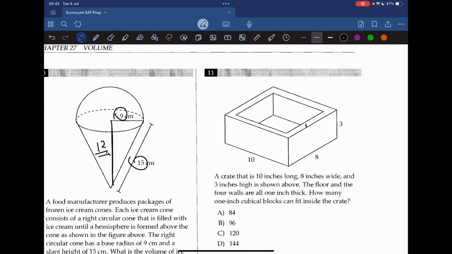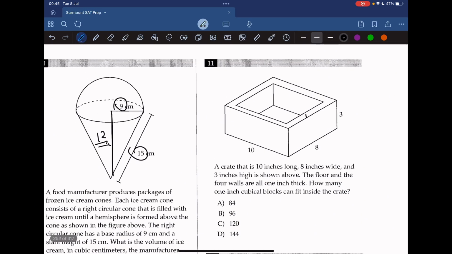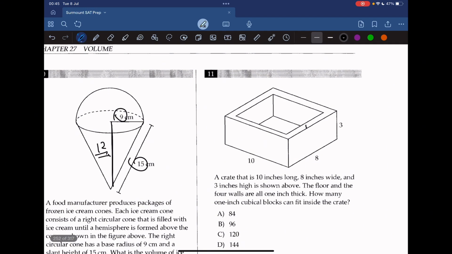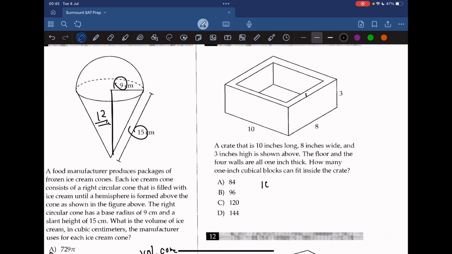So again, this is asking us for the volume like any other question in this chapter. And the volume in this case is the amount of room that 1 inch cubical blocks could fit. So the room in the crate is basically a rectangular box, right? But we have to take into account that the floor and the walls are 1 inch thick, so the length of the rectangle would be 10 minus 2, to account for the 1 inch thick walls, which is 8 inches.